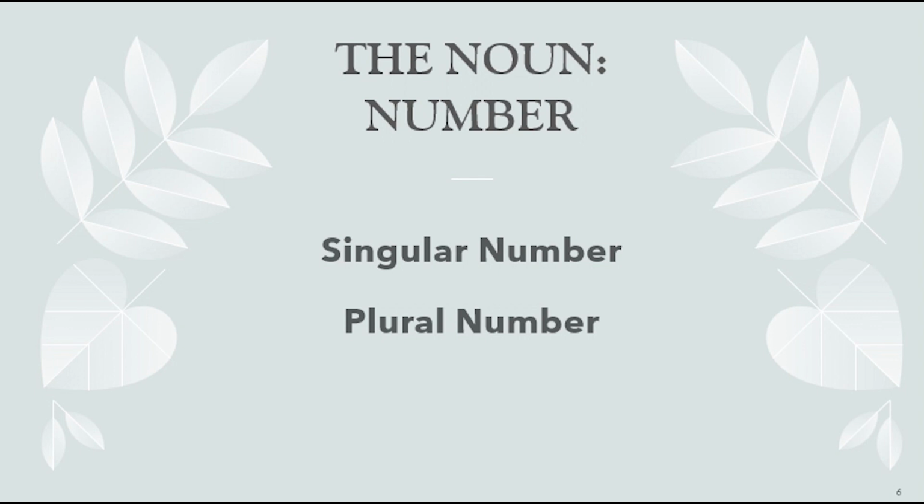Plural nouns are formed by adding s, like boy, boys, girl, girls, or sh or ch, or sometimes x, or es, like boxes, dishes, taxes, brushes. Or sometimes we have to add o or s, like piano, pianos, kilo, kilos, photo, photos. So these are nouns in number.